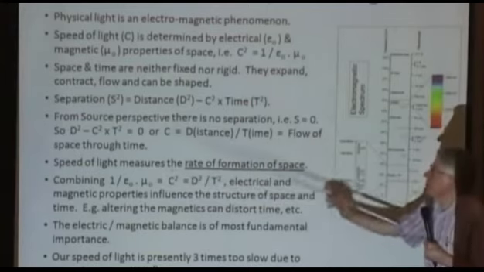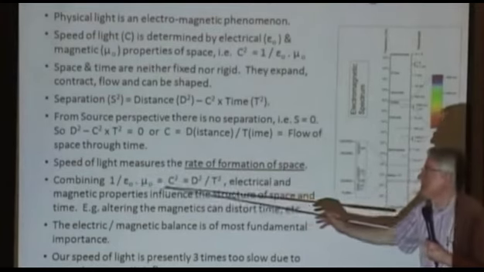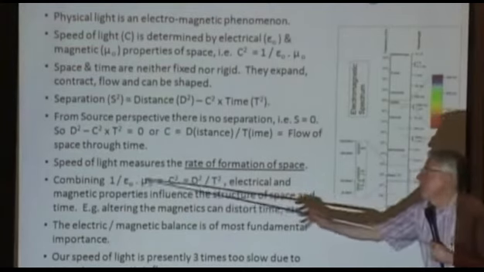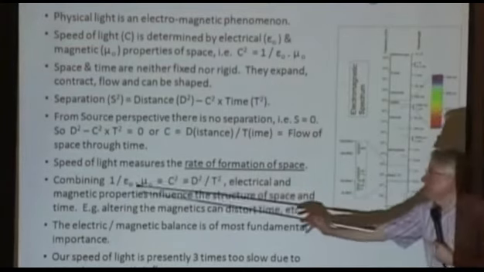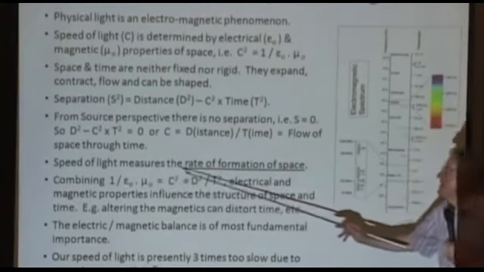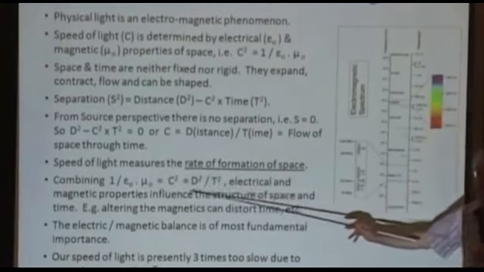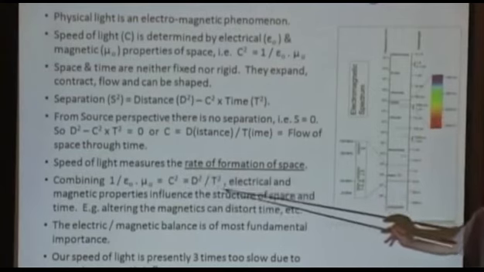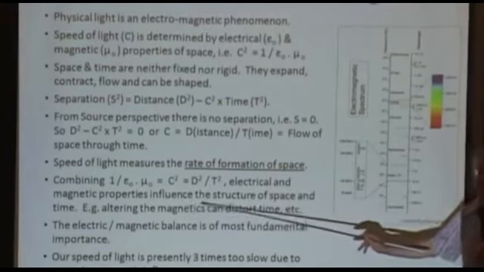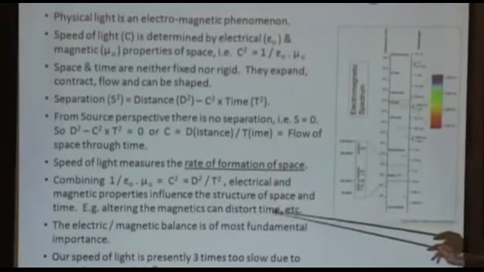Now, up here we saw that the speed of light is determined by the electrical and the magnetic properties of space. Put these two together and we see how the electrical and the magnetic properties of space determine both space and time. So electrical and magnetic properties influence the structure of space and time.